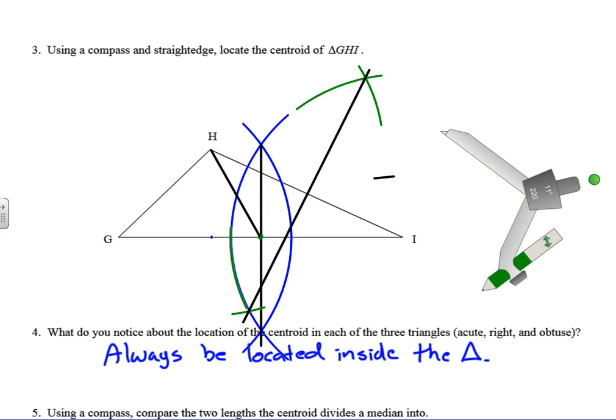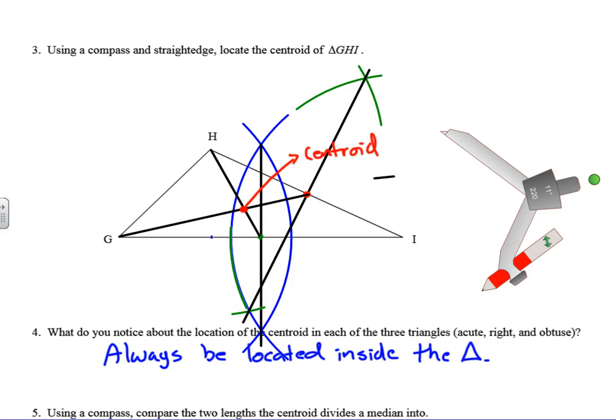All of that gets us this midpoint right here. Once we have the midpoint, we can draw the median. Now two of them, and it would be all three, intersect here. So this point right here is again our centroid.